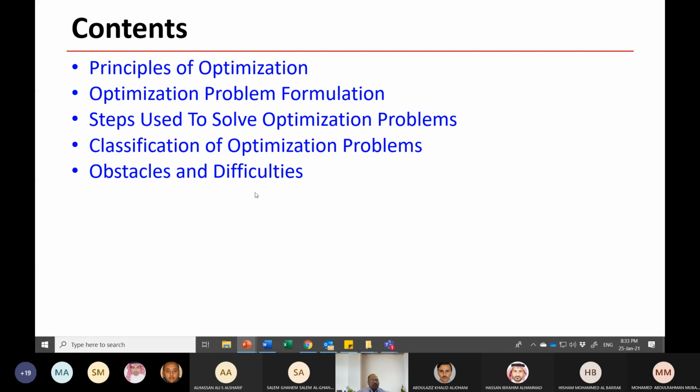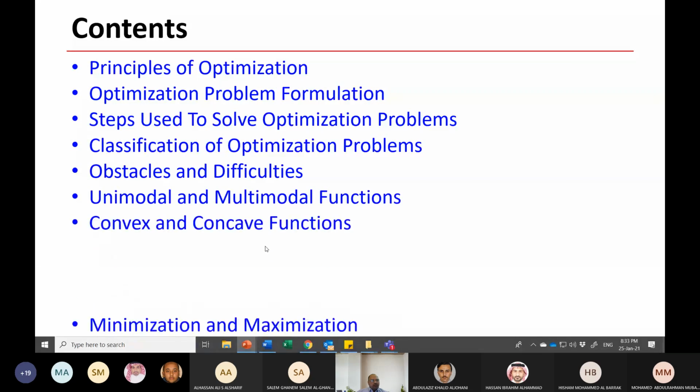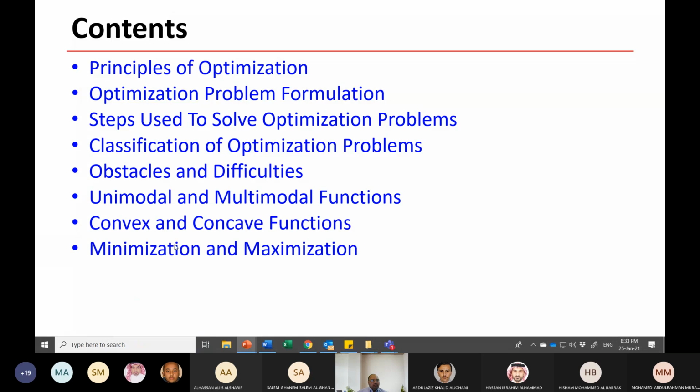So obstacles and difficulties in optimization we will discuss. Unimodal, multimodal functions, convex and concave, minimization and maximization. Some problems are minimization and some others are maximization. So how to convert from here to there.